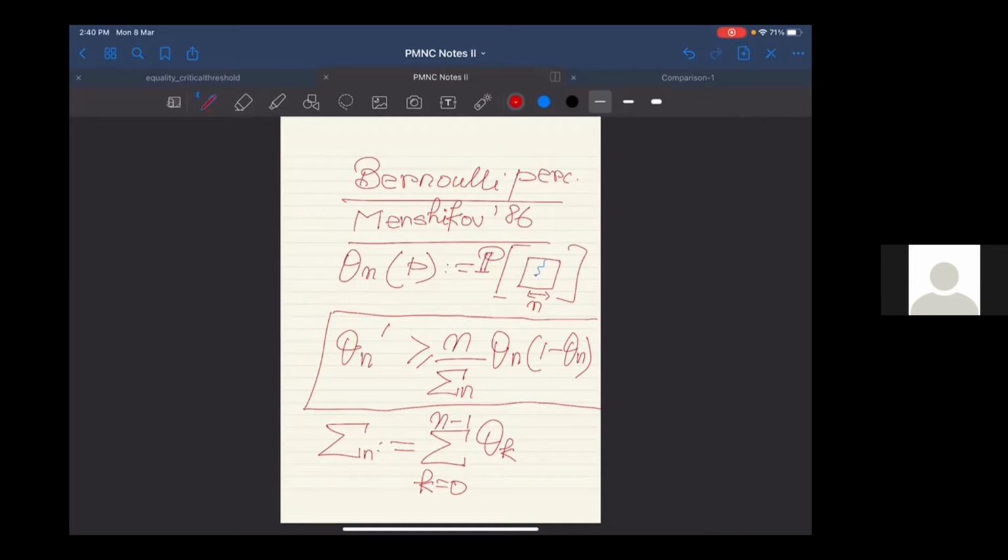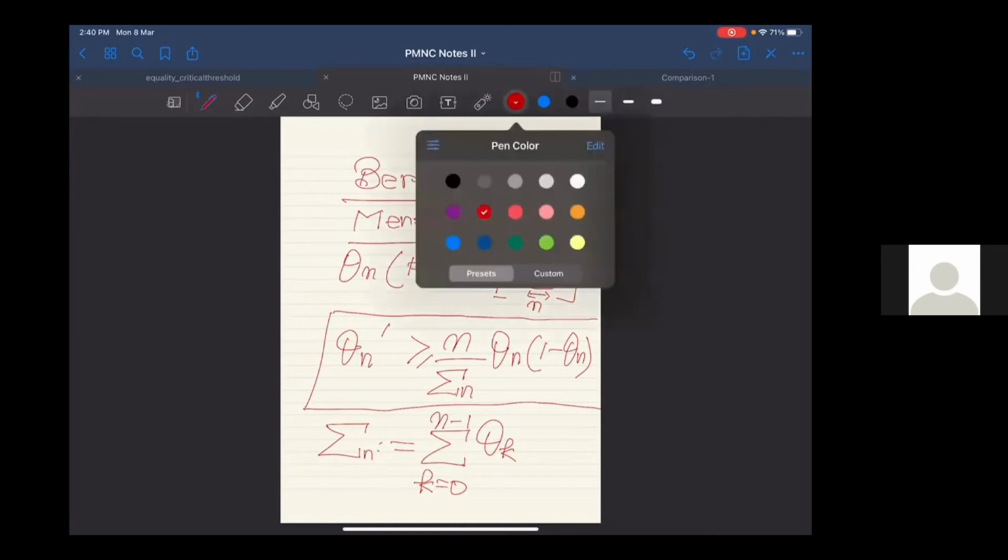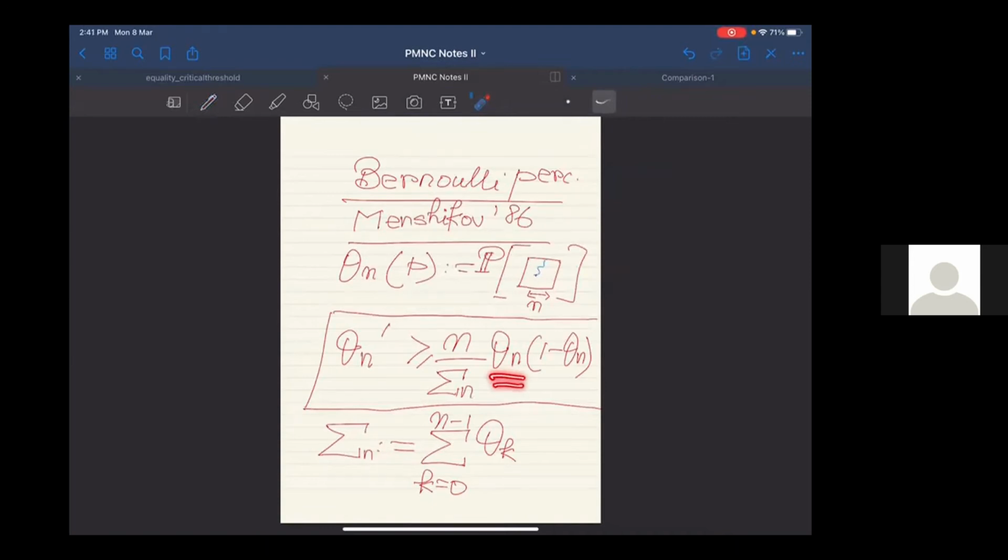As long as you have some converging sequence of increasing differentiable functions that satisfies this system of differential inequalities, then you can actually prove that there exists some parameter value below which theta n will decay exponentially, and not only that, above which, so there exists pc.